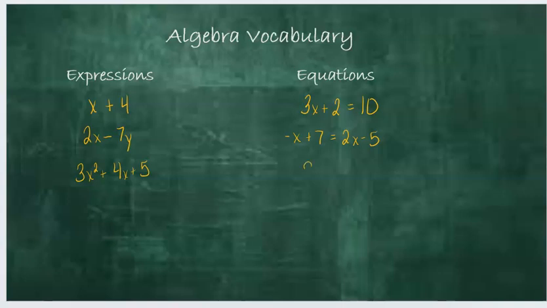I might also have something like 8x squared minus 9 equals 13. So expressions have more than one term combined with addition or subtraction. Equations have expressions that are then followed by an equal sign and another either constant, variable, or expression.